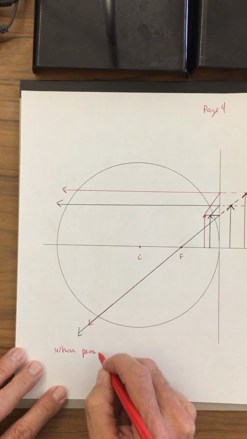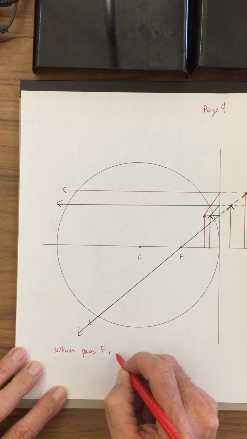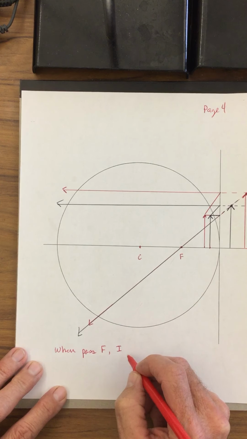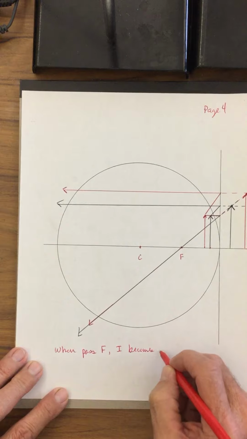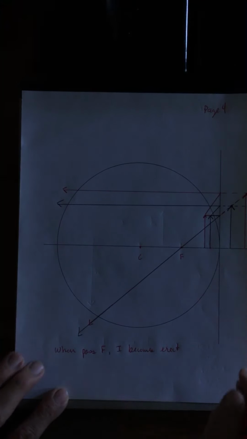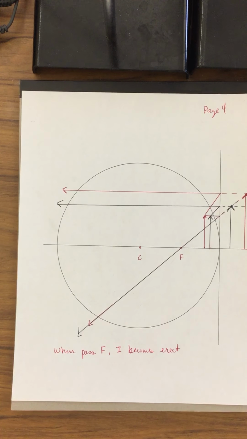When you pass the focal point, the image becomes erect or upright. Oop, we lost the light. The image becomes erect.